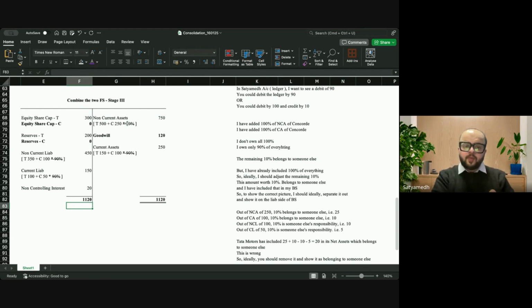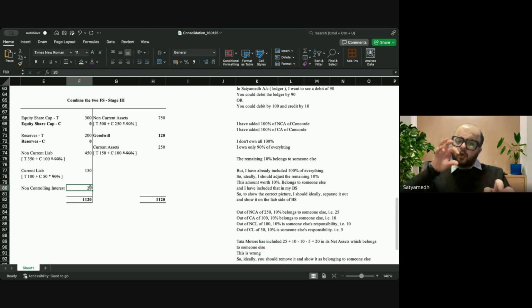Add it together in one place and then the amount belonging to these minority shareholders उसको अलग से निकाल के show it on the liability side. So this is your non-controlling interest, and we went through the entire process of how are two balance sheets combined and presented as a part of the consolidated financial statements. This is how a balance sheet is consolidated. Of course, there are a lot of other concepts यहाँ पे.